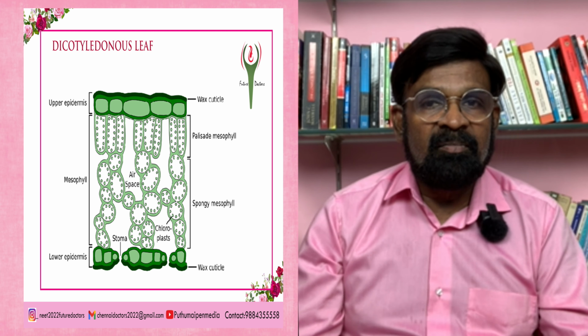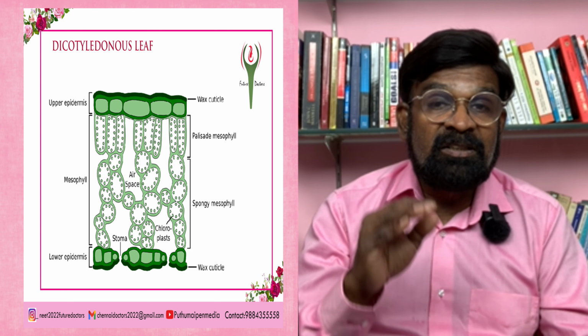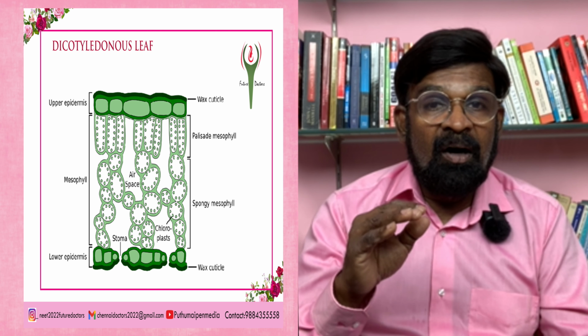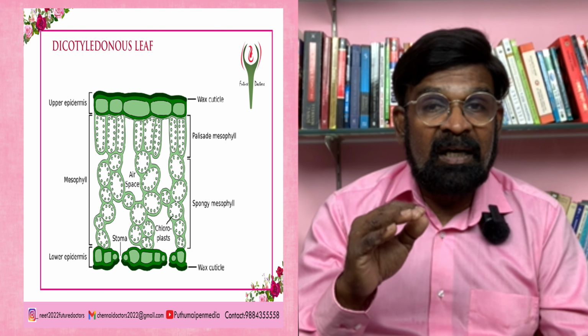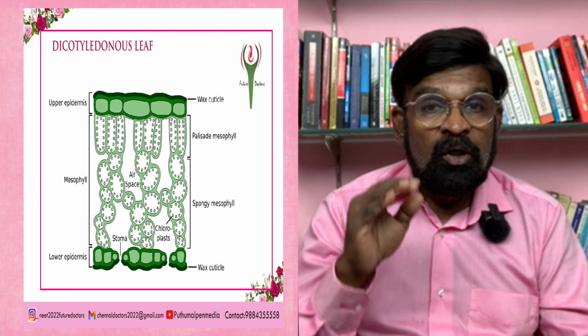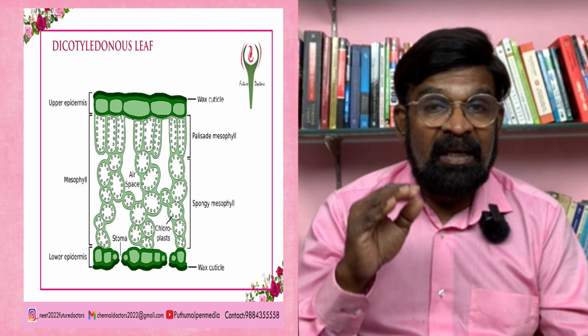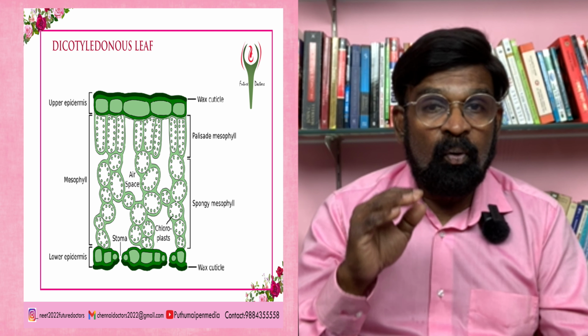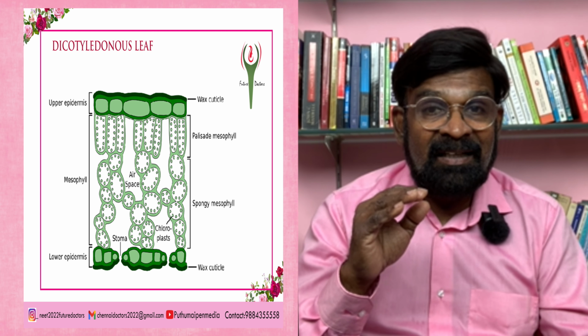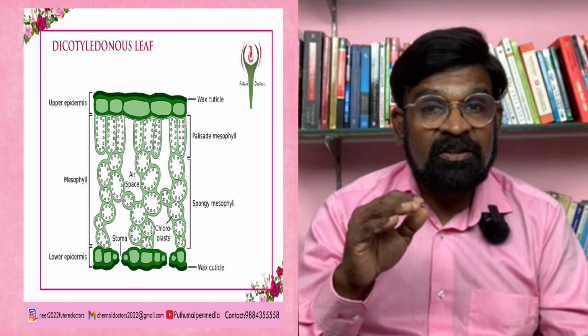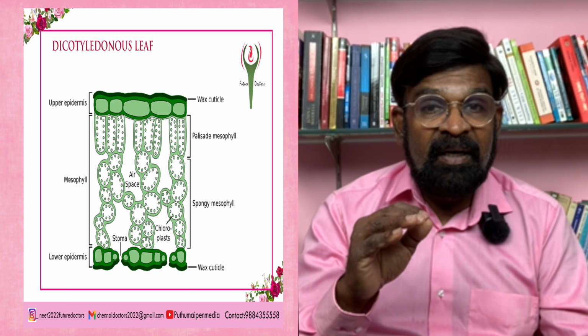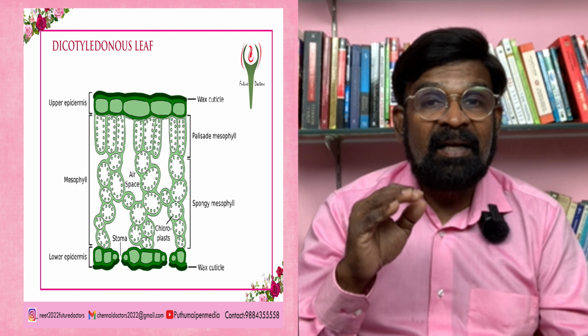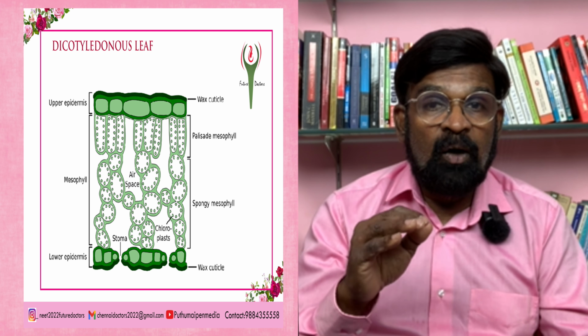Midrib: mesophyll is absent in the region of midribs and other larger veins. Collenchyma or sclerenchyma occur towards the two epidermal layers for providing mechanical strength. A number of vascular bundles are embedded in a parenchymatous ground tissue.